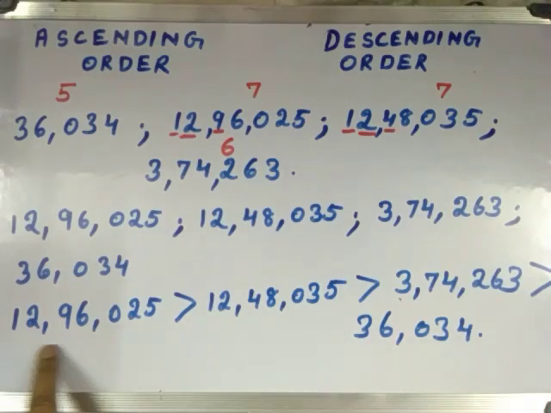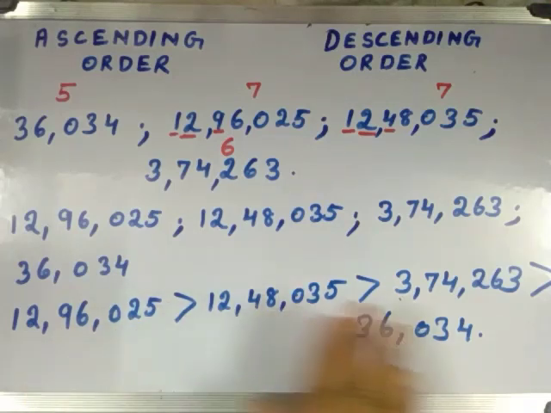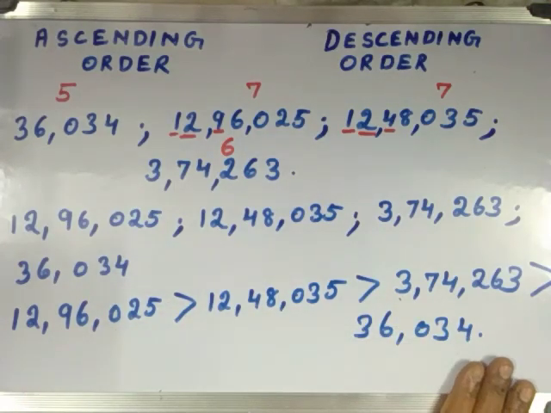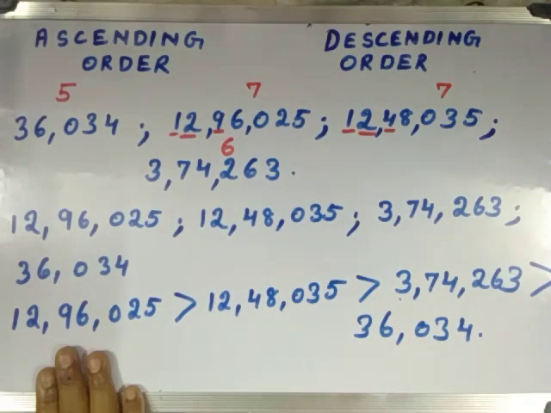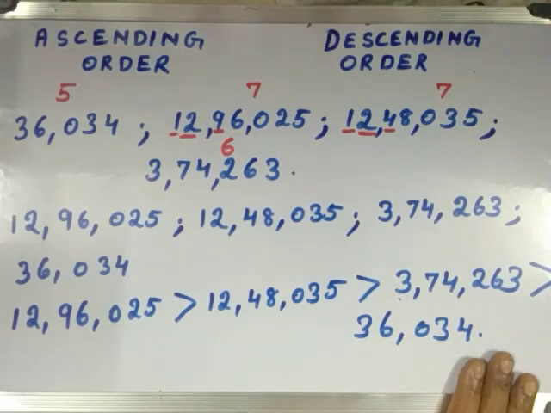So this arrangement of numbers from the greatest to the smallest, that means starting from the greatest number, gradually going to this, ending with the smallest number, is known as descending order.